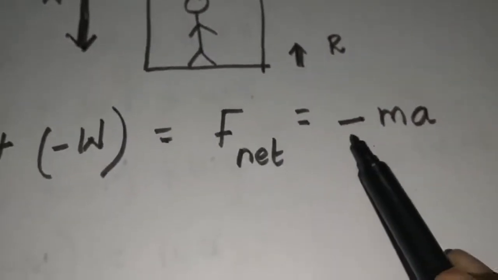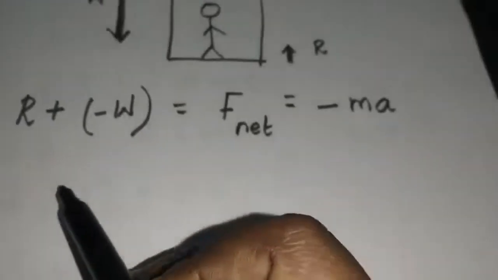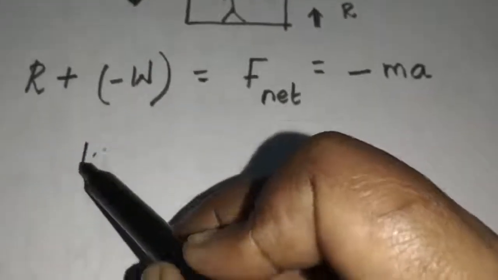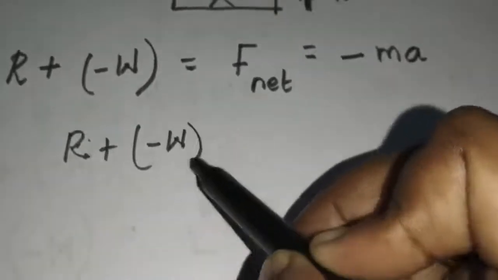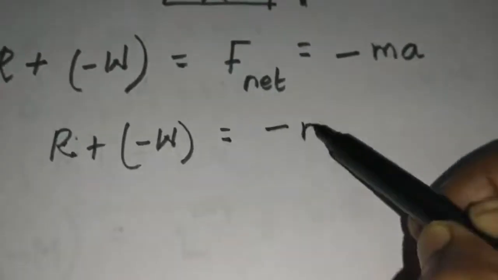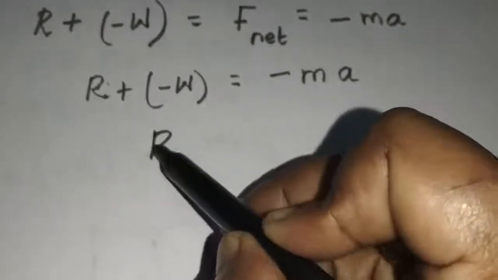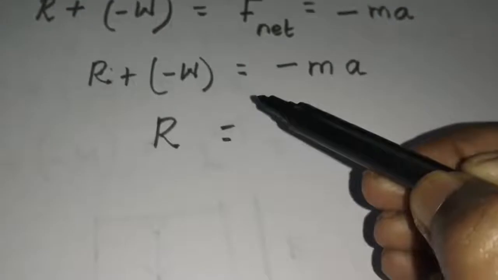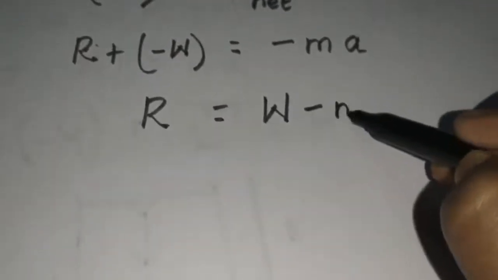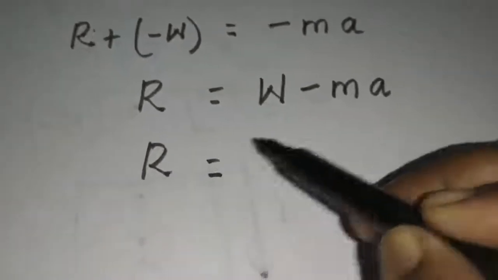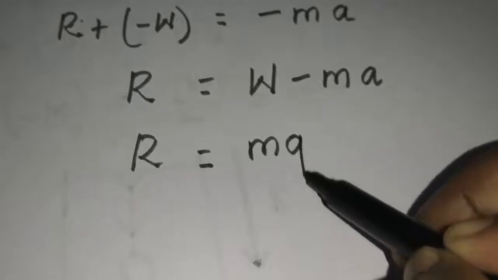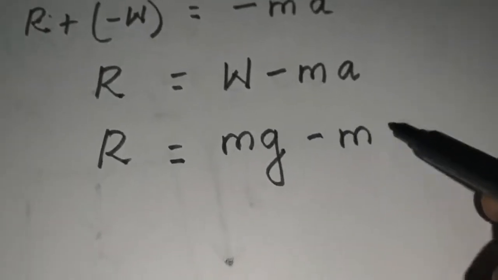So R minus W equal to minus m into a, and then R equal to W minus m into a, and then R equal to m into g minus m into a.